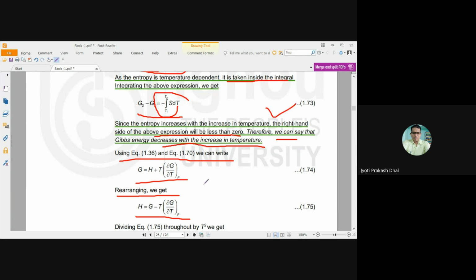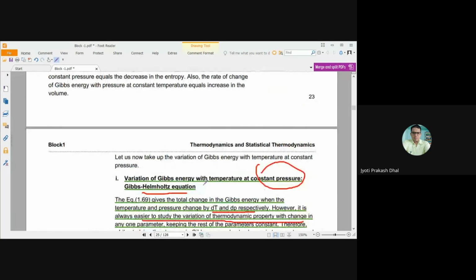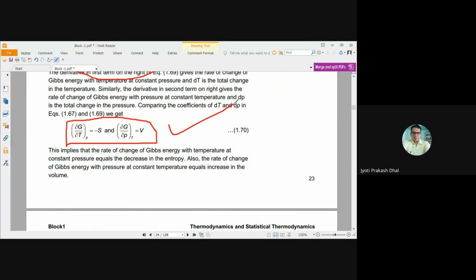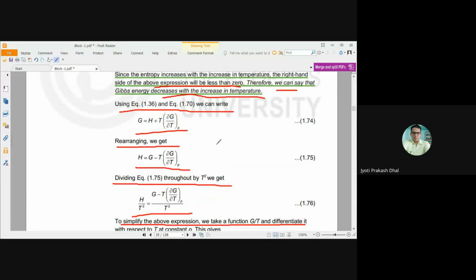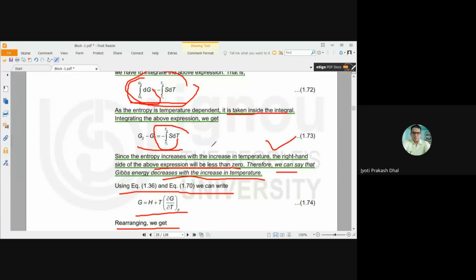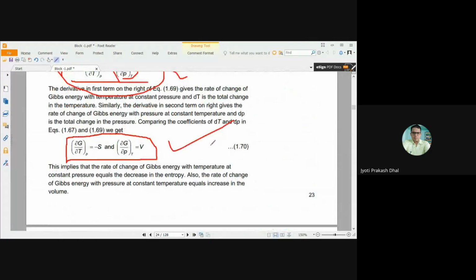Now using equations 36 and 70, where this one is equation 70, we can write G equals H minus TS. From equation 70, we know that minus S is (del G by del T) at constant pressure.